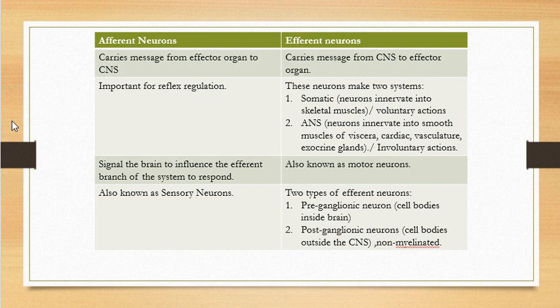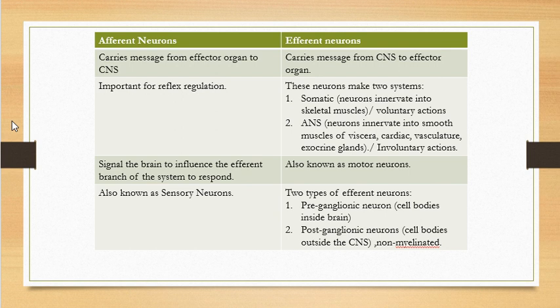Afferent neuron is only composed of a single neuron, while efferent neuron is actually composed of two parts, the preganglionic neuron and the postganglionic neuron. Preganglionic, as the name indicates, is present before the ganglia, and postganglionic neurons are present after the ganglia.